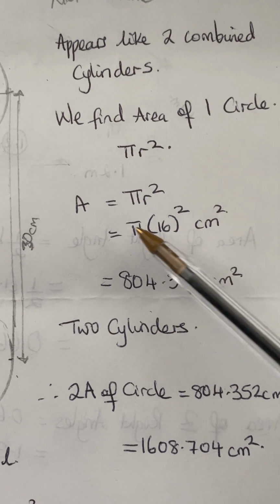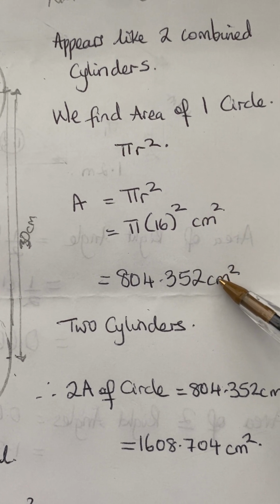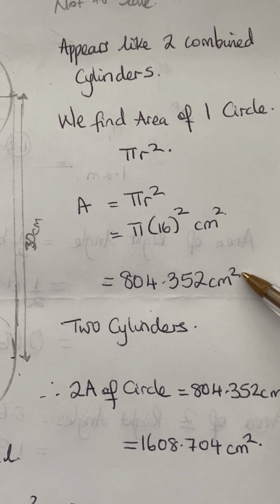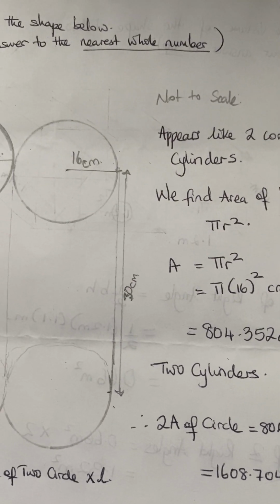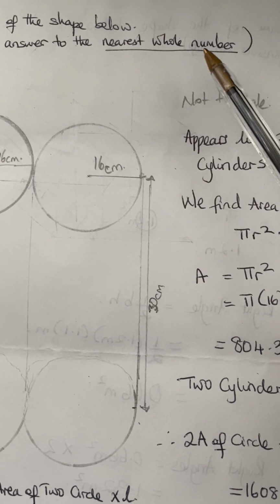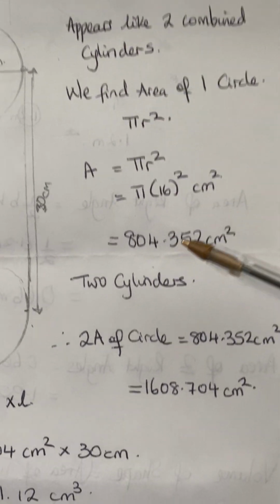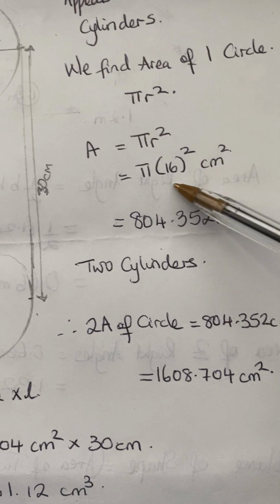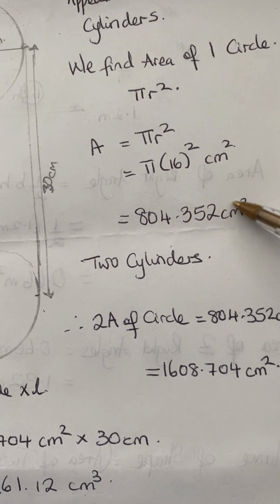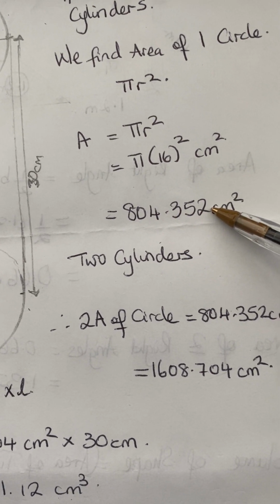It's the area, so the answer should be in centimeters squared. Now they said we should leave our answer to the nearest whole number, but because I haven't finished yet, I'm going to continue because this is not my final answer.